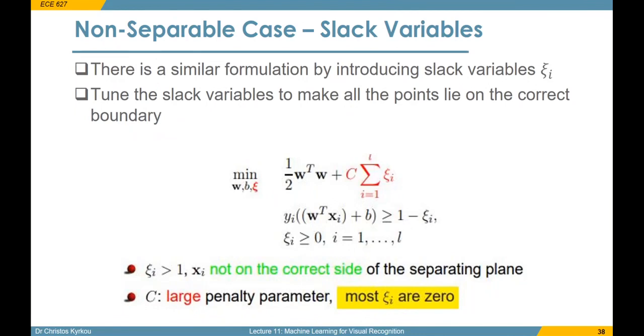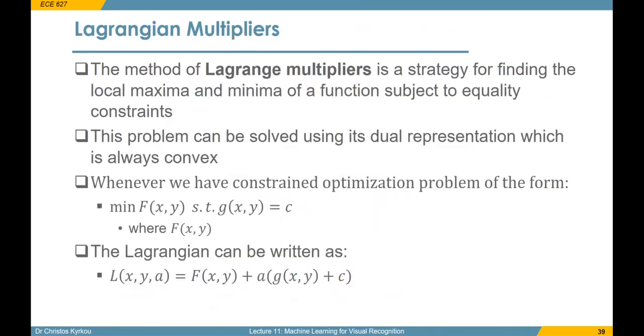And again, the more Z values we have that are non-zero, the more wrong classifications we allow. Okay, so now we have a formulation that allows us to find the maximum margin, and allows for some errors.